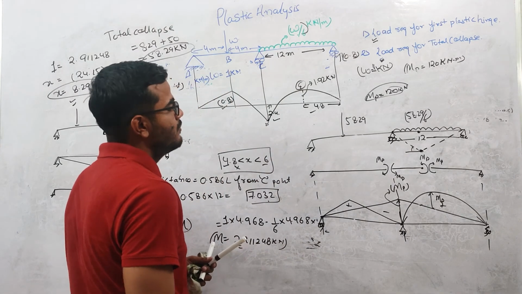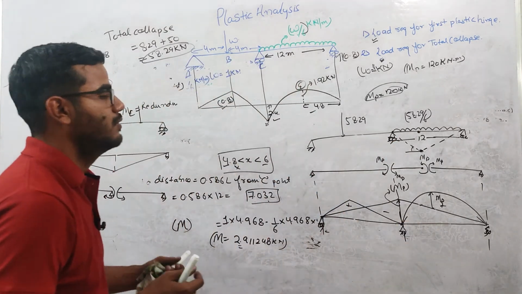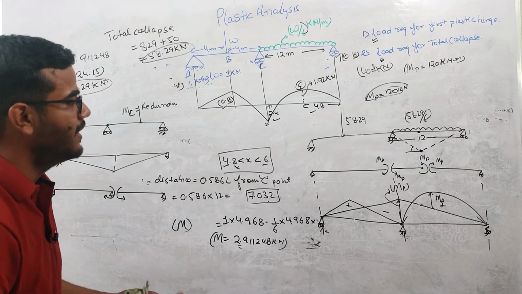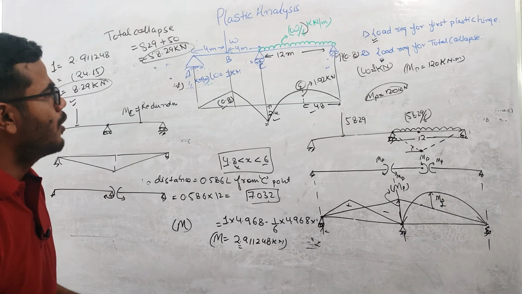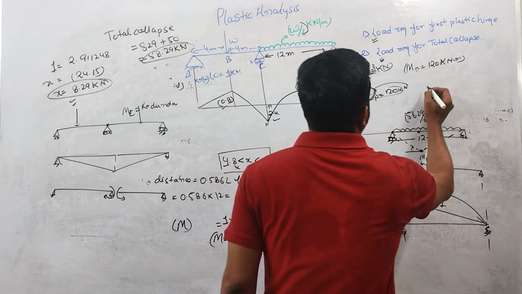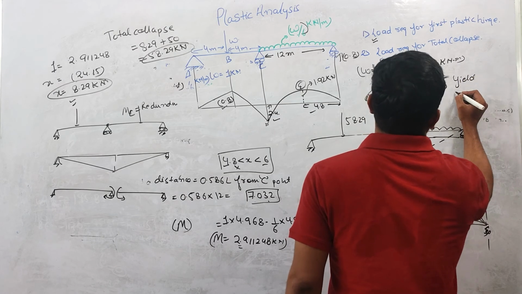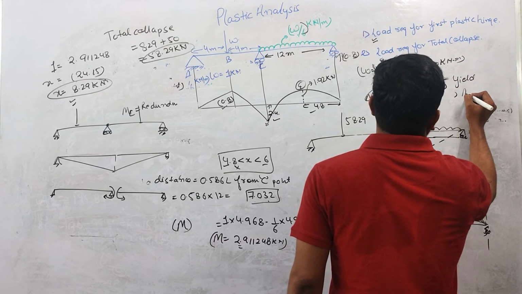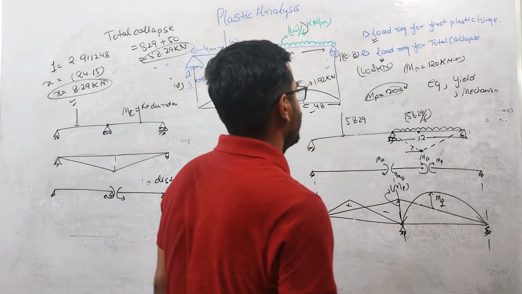First you need to calculate the reactions and check whether the equilibrium equation is satisfied or not. So guys, if you have any doubt in this problem, you can write in the comment section. All the three conditions are satisfied: equilibrium, yield condition, and mechanism.